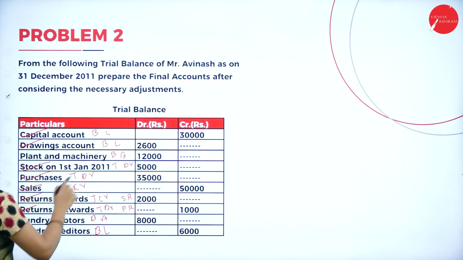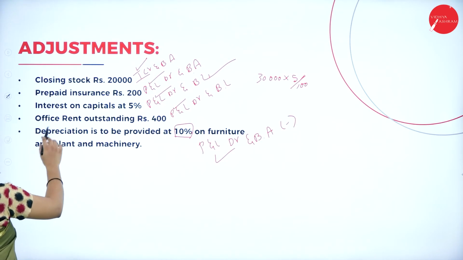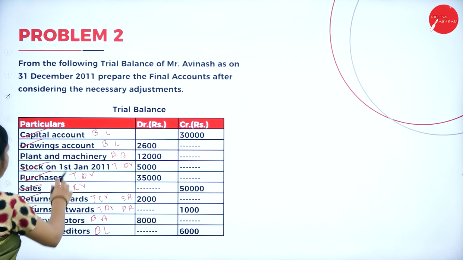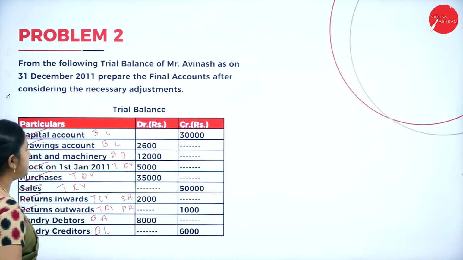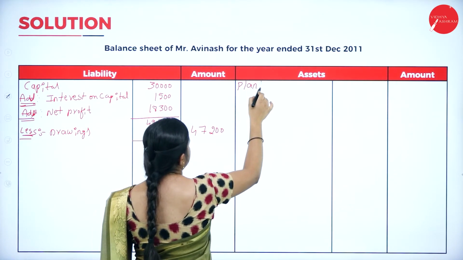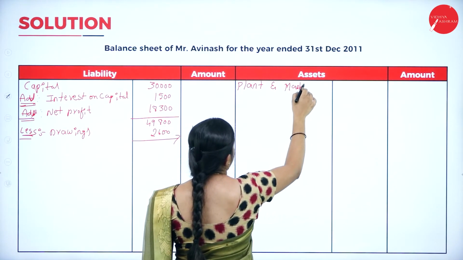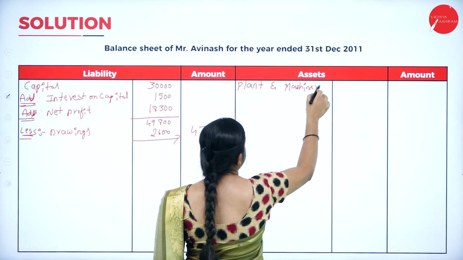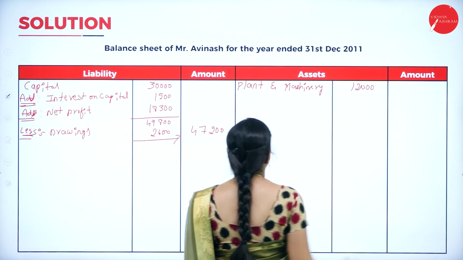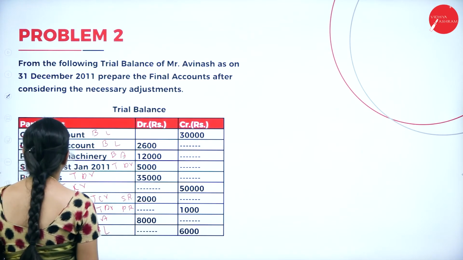Again, plant and machinery, balance sheet asset side. For plant and machinery, we have depreciation. Depreciation on plant and machinery. First write the plant and machinery amount 12,000 and deduct depreciation. Asset side, plant and machinery, rupees 12,000.